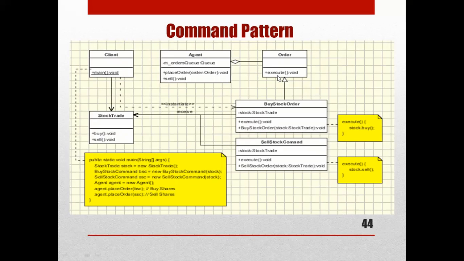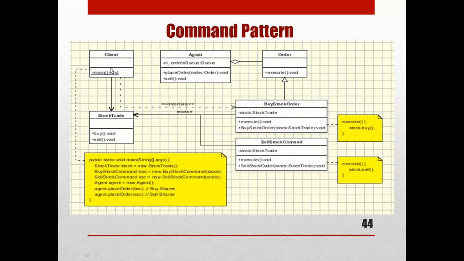This is the interface we have to execute. So this class will execute the buy method from StockTrade. It will receive the request and execute stock.buy. It also has the sell method from StockTrade, stock.sell. So the SellStockOrder command is also there, another class having some properties and methods.